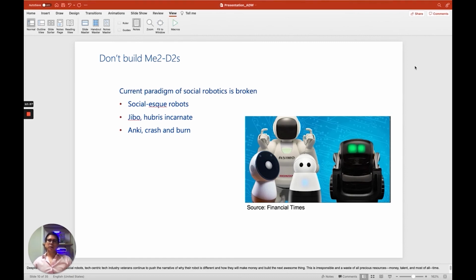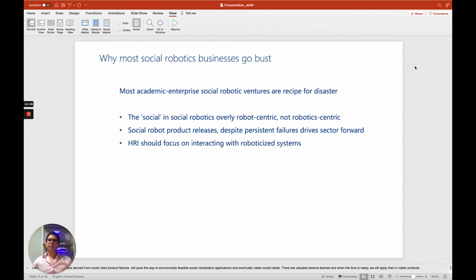So, in short, the current paradigm of social robotics is broken, the way it's being thought about. And as such, these are the reasons why most social robotics companies will go bust. These academic enterprise social robotic ventures are recipes for failure.